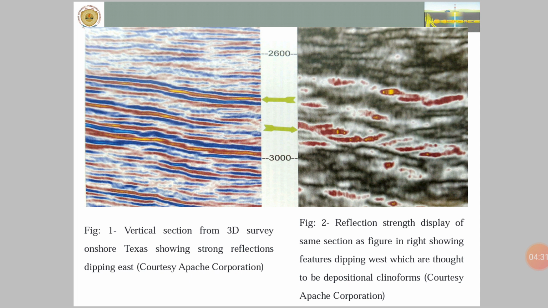So we were able to map the depositional clinoforms and also find the base of the depositional clinoforms. The depositional clinoforms between the green arrows are stacked on each other. However, at places they are elongated and separated from each other. So as we know from sequence stratigraphy, these are probably from the lowstand systems tract.